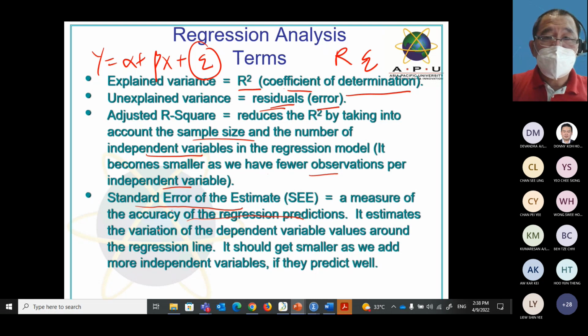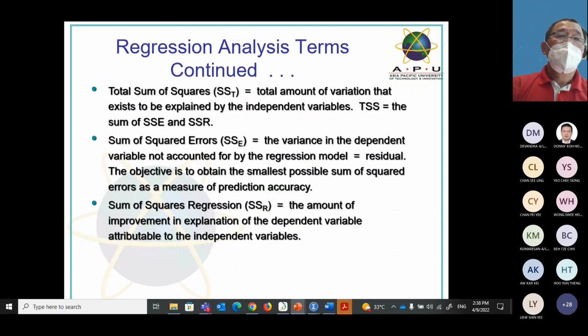Okay. So, estimate the relation of the dependent value around the regression line. Total sum of squares is the total amount of variation yet to be explained by the independent variables, the SST.